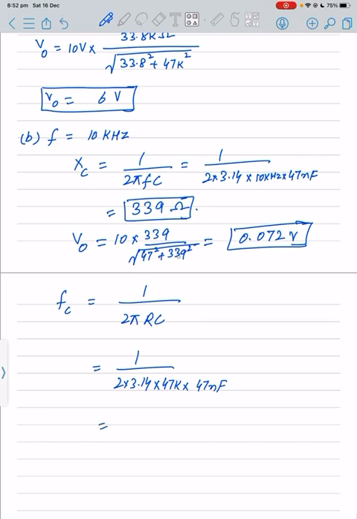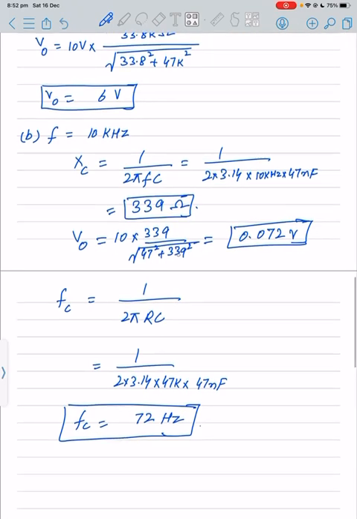After solving this, you will get around 72 hertz. So the corner frequency for this particular low pass filter is 72 hertz.